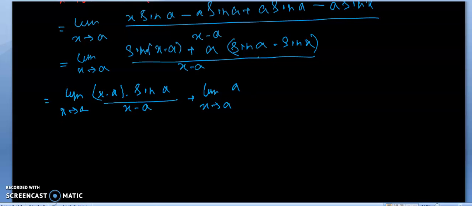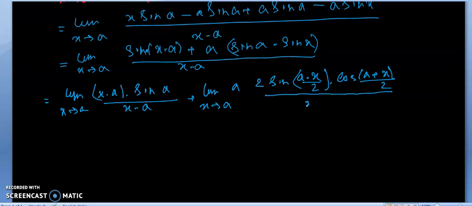If you use the formula of sin C minus sin D, you can say that 2 sin((a minus x)/2) cos((a plus x)/2), and your denominator is x minus a. Now as x tends to a, x minus a is not equal to 0, so easily you can cancel out these two parts.